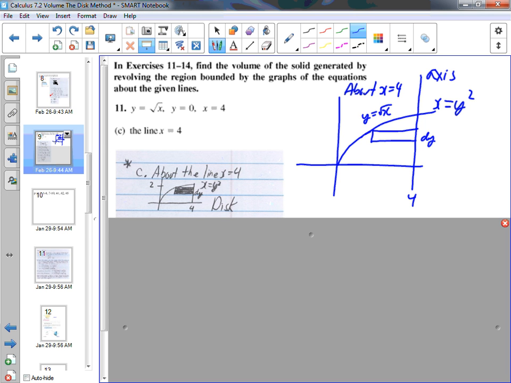Okay? Now, pi is pi, h is dy. We'll figure out our limits of integration in a minute. R is where it's at. R is the distance from the axis to the far edge of the rectangle.